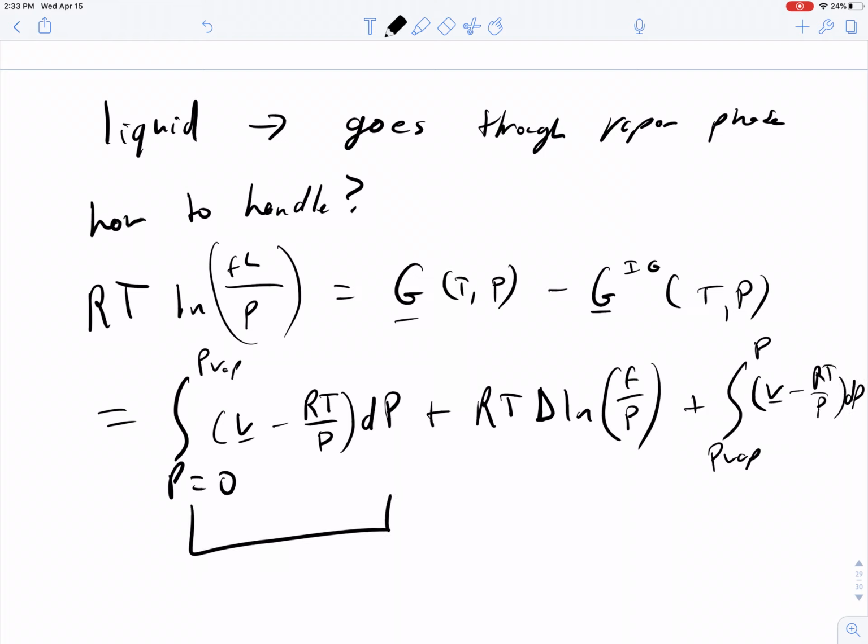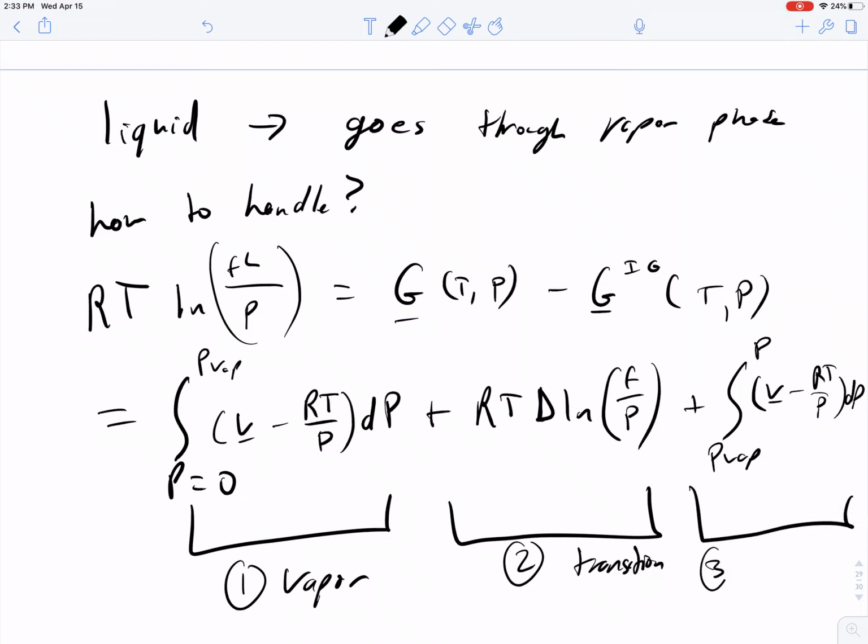So this first term here is the vapor form of the part of the integral. The second term is the transition, and then the last one is the liquid. Okay, the liquid phase part of the integral.